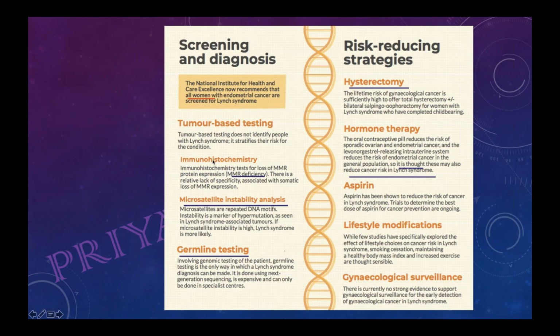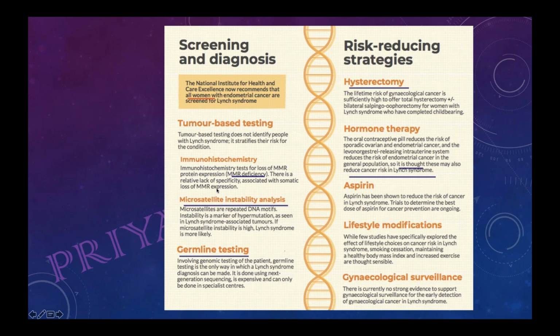There are three kinds of testing. First is immunohistochemistry. Immunohistochemistry identifies MMR deficiency, that is, the loss of MMR expression.